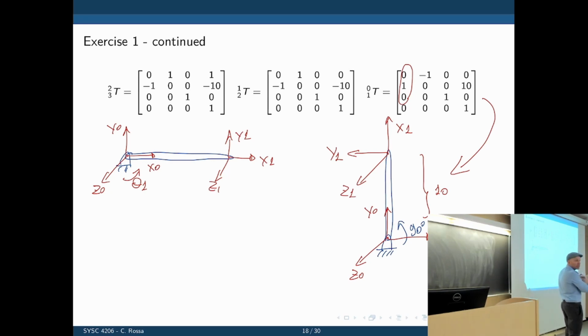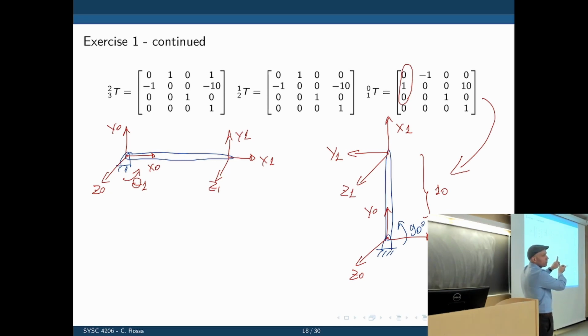Is that the case? Yes, because they are orthogonal. It is telling us that the component of x1 in y0 is 1. Does that make sense? It does, because now they are parallel. And then the last says that the component of x1 in z0 is 0. Does that make sense? It does, because they are orthogonal again.